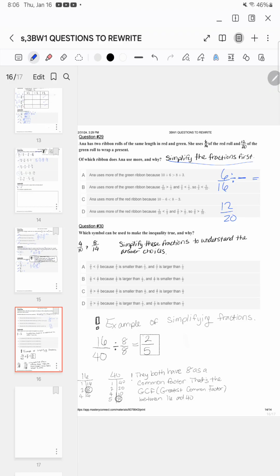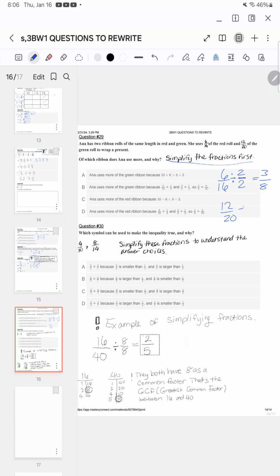I can divide them both by 2, right? I can't use 3, I can't use 4 for 6. They both can be divided by 2, and I would end up getting 3/8, because you have to also divide straight across.